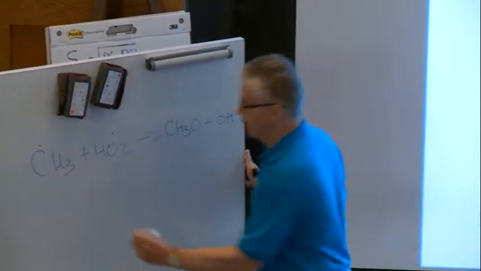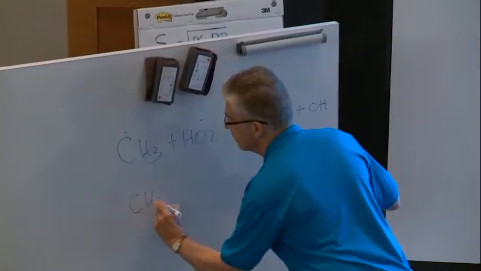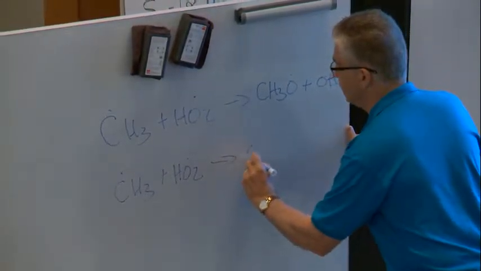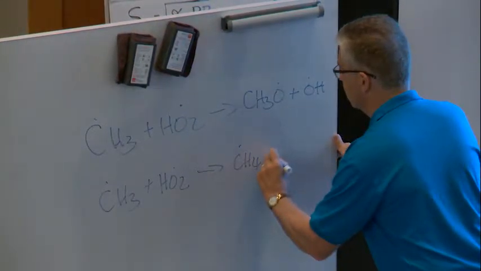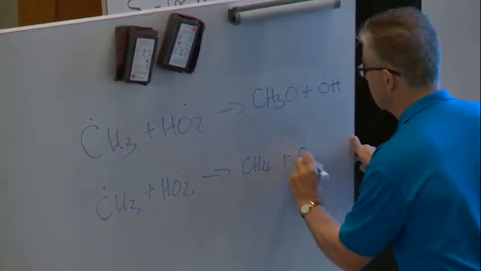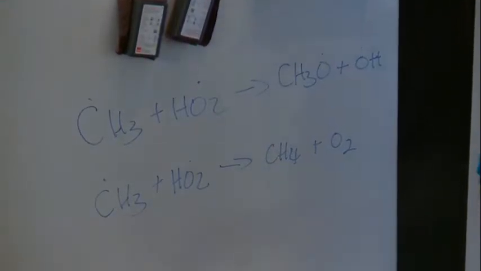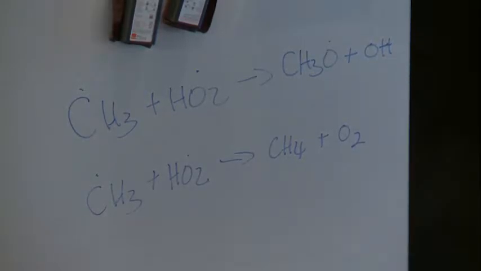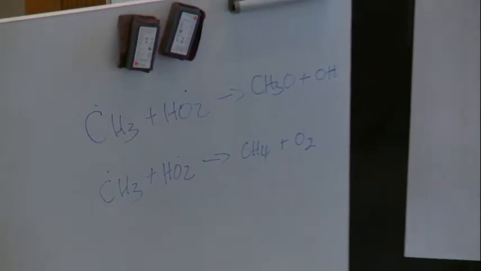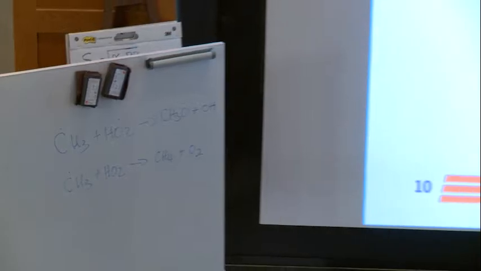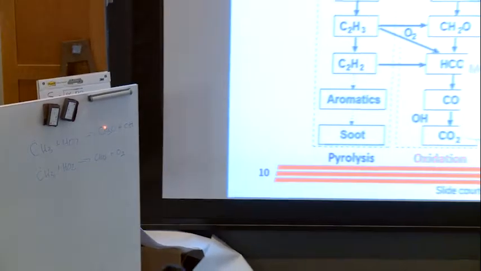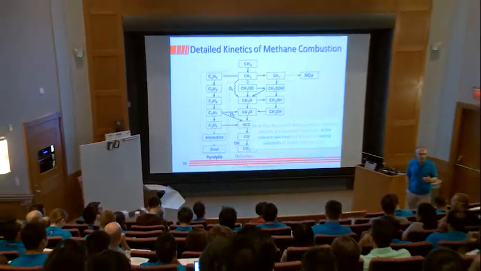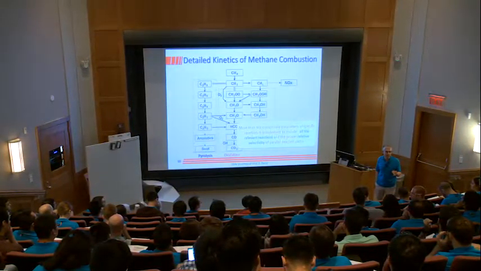But if you have methyl plus HO2 giving methane plus O2, so no radical, that's a termination reaction. And if you have the relative rates of those two reactions correct in your mechanism, then you probably predict the reactivity pretty well.